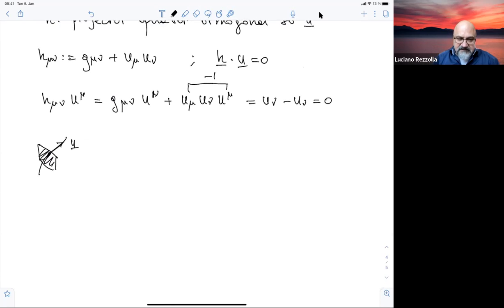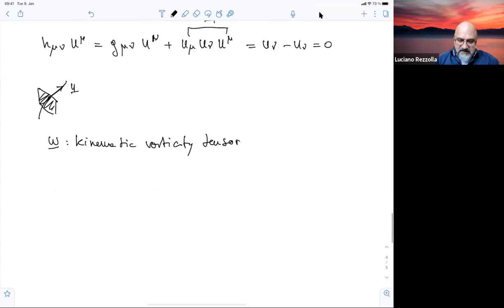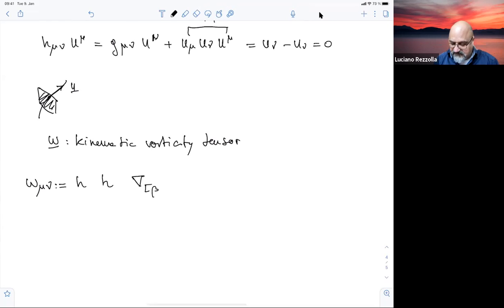Now, the first important quantity is this omega. It's called the kinematic shear vorticity tensor. The definition, let me write it in covariant components, is the fully spatial projection of the double covariant antisymmetric derivative.